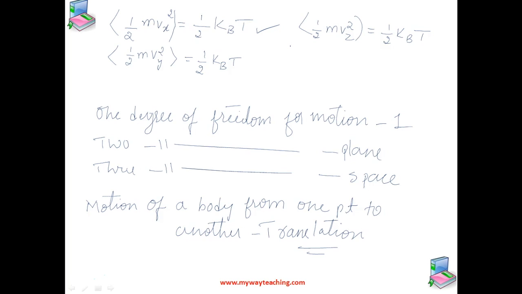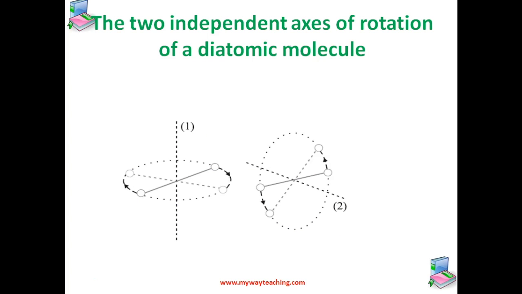So you can see in this figure, it shows two independent axes of rotation, rotation one and rotation two, normal to the axis joining the two oxygen atoms, about which the molecule can rotate, isn't it? Two independent rotational axes.